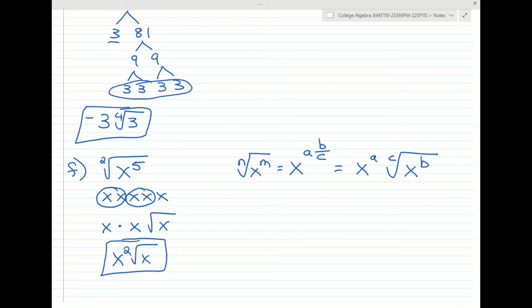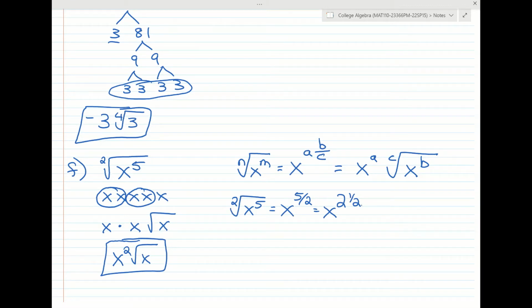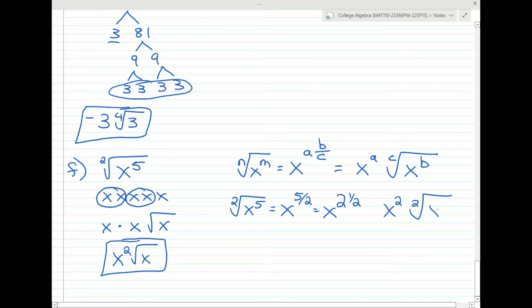So for example, for the problem that we just did, this is the square root of x to the 5th, which is just x to the 5 over 2, or 2 and 1/2 if we write it as a mixed fraction. So using this property, we're just going to write x to the 2nd times the square root of x to the 1st.